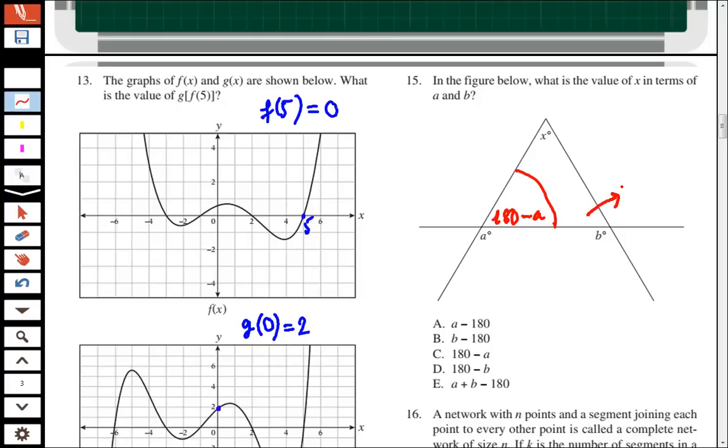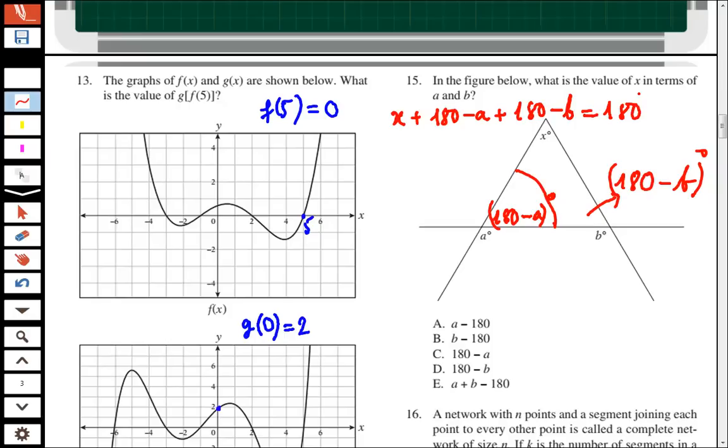This one is 180 subtract B degrees. And we have x add 180 subtract A add 180 subtract B equals 180.